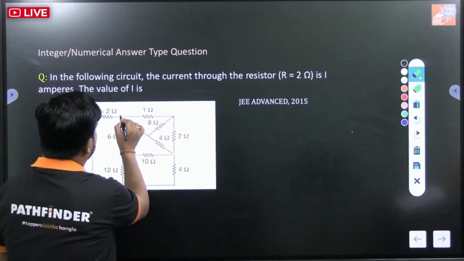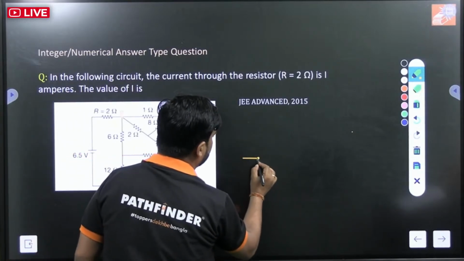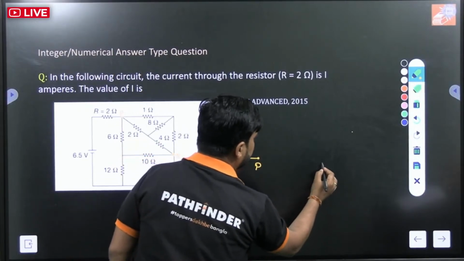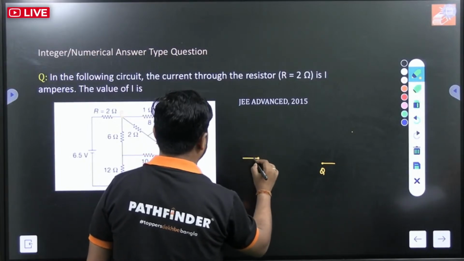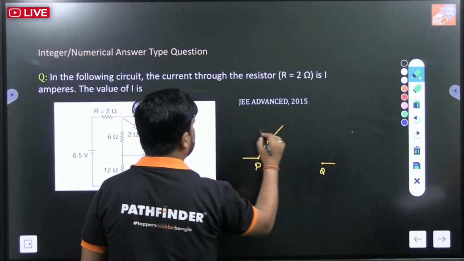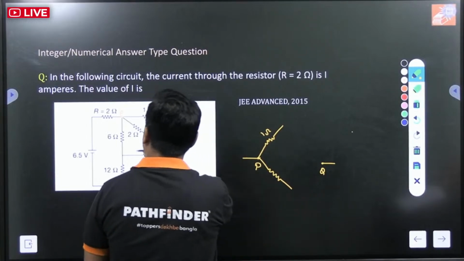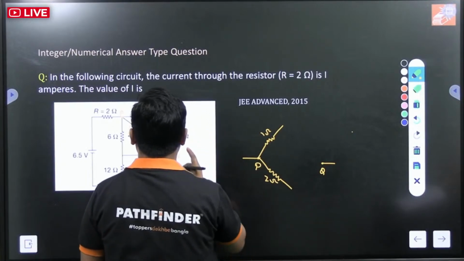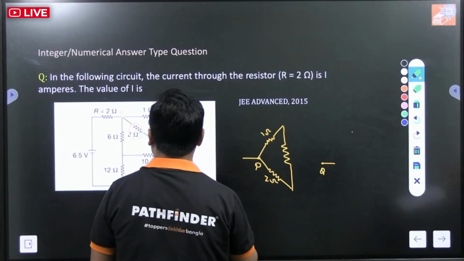Suppose I name it as P and this as Q, and I redraw the circuit from P to Q. From P, one resistance is going like this, which is 1 ohm, and one resistance is going downward, which is 2 ohm. Then again between 1 and 2, one resistance is connected whose value is 8 ohm.